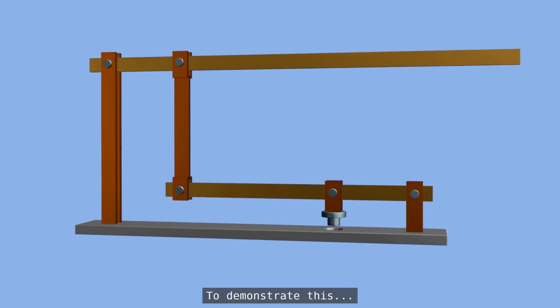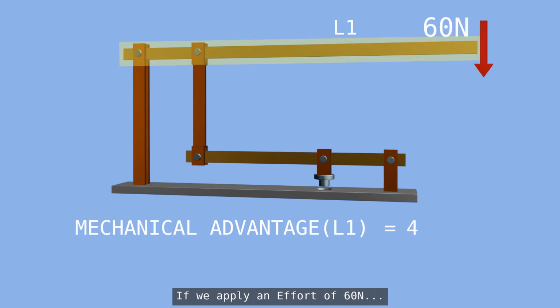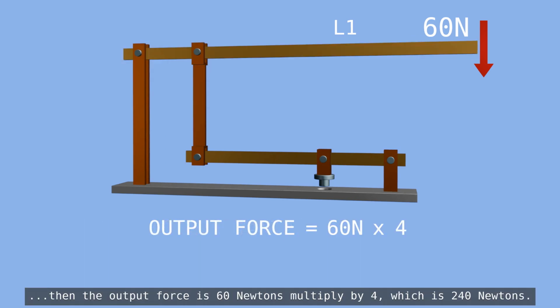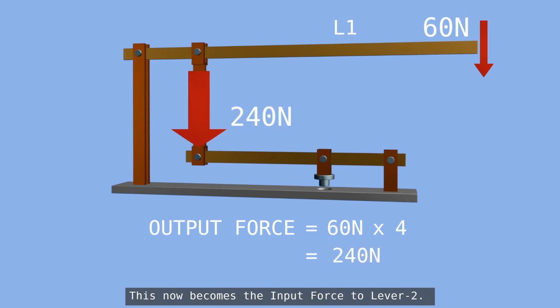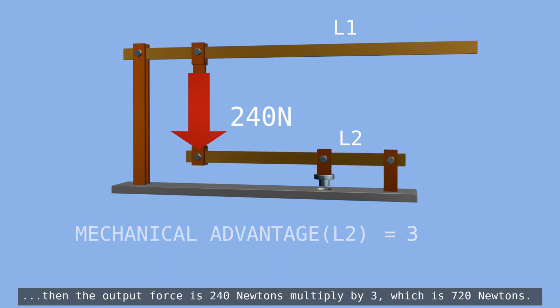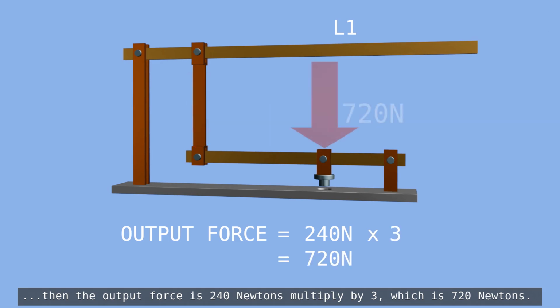To demonstrate this, let's say the mechanical advantage of lever 1 is 4. If we apply an effort of 60 newtons, then the output force is 60 newtons multiplied by 4, which is 240 newtons. This now becomes the input force to lever 2. Now, if lever 2 has a mechanical advantage of 3, then the output force is 240 newtons multiplied by 3, which is 720 newtons.